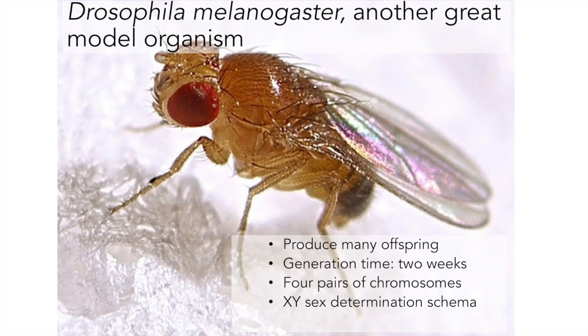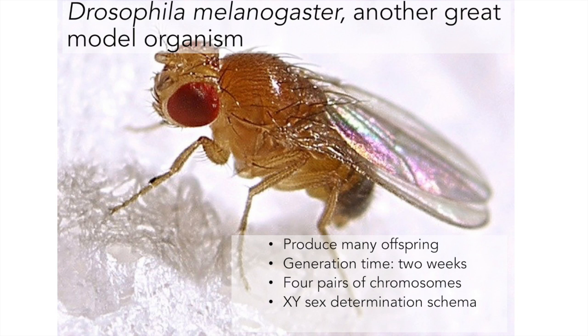And like people, fruit flies have this sex determination schema of X and Y. So female fruit flies are XX, just like human females, and male fruit flies are XY, just like in human males. That's not universal throughout the animal kingdom, but fruit flies do have this method of determining sex, and that was helpful too.